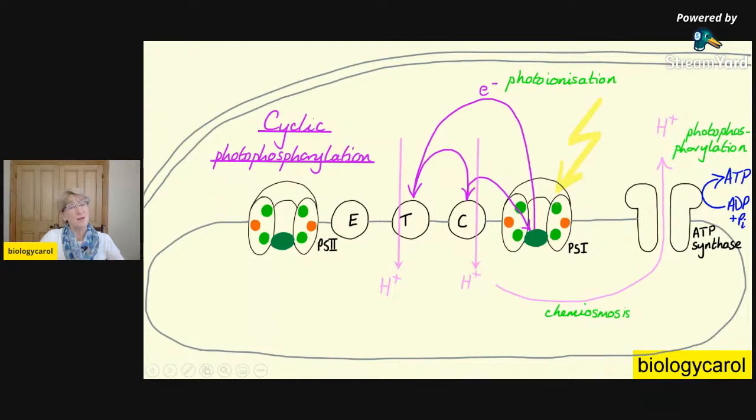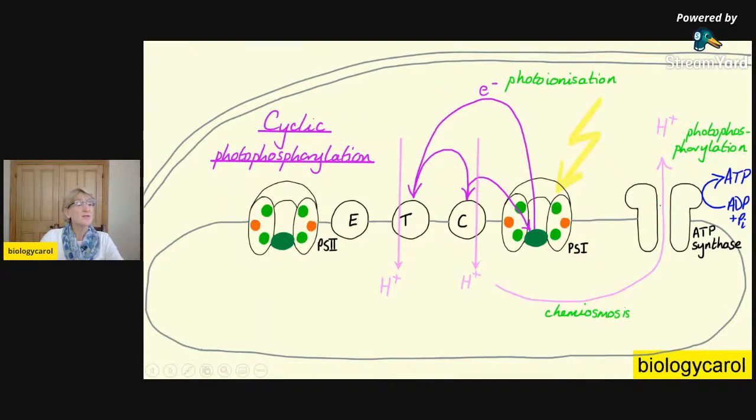That is where cyclic photophosphorylation ends, because photosystem 2 is not involved. And therefore, we have not got a loose electron coming out of photosystem 1 to combine with the proton and NADP to make NADPH, and we haven't got the photolysis of water. So the only thing that is made from cyclic photophosphorylation is ATP.